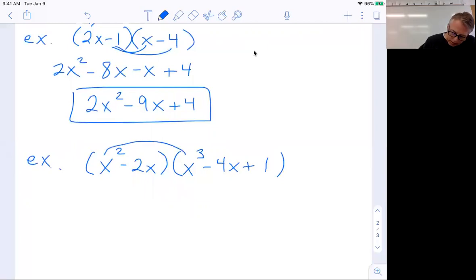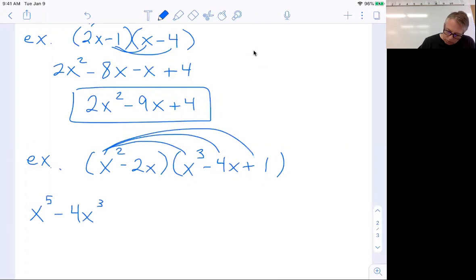So x squared times x to the third, remember, is x to the fifth. We add exponents, not multiply. So x squared times negative 4x is minus 4x to the third. x squared times 1 would be plus x squared.